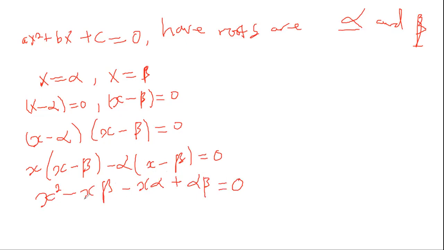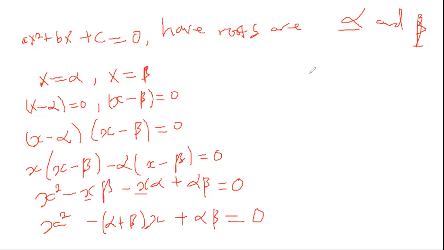We can see that these terms have a common term, which is x, so we can factorize it out. So we have x squared minus alpha plus beta, times x, then plus alpha beta, equal to 0.